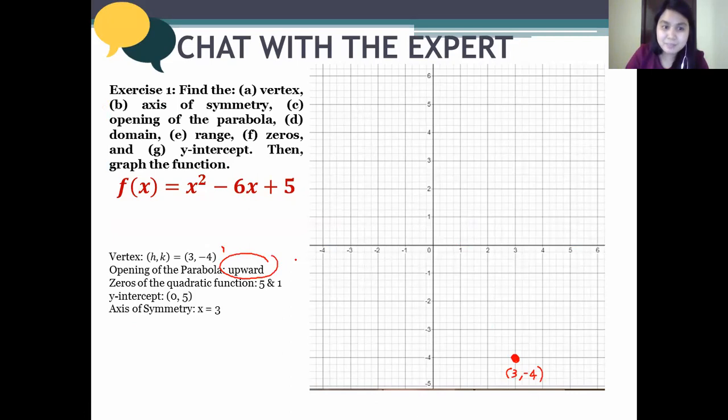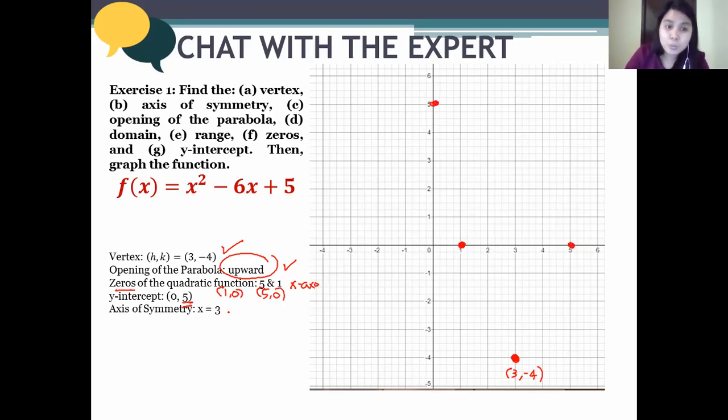The next one, let's sketch our zeros. Remember, our zeros are in the x-axis. So 1 and 5. It means it's 1, 0 and 5, 0. Our y-intercept is 5. So this is the y-axis. You plot the number 5.